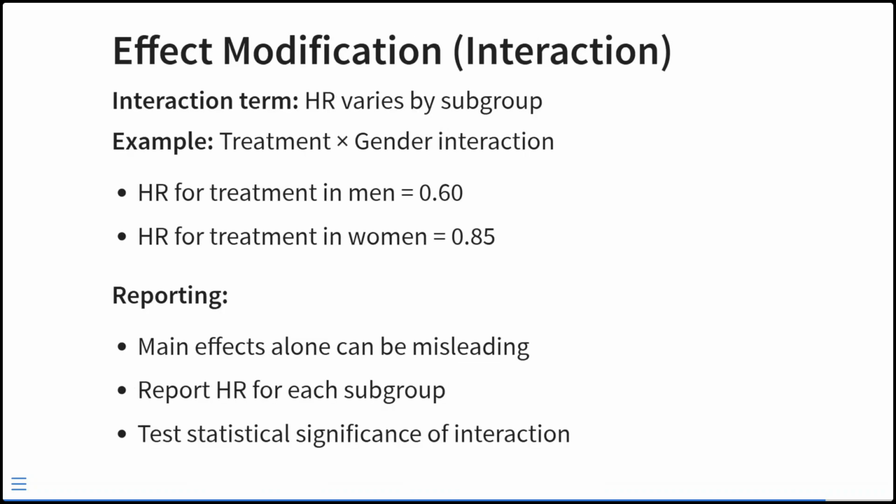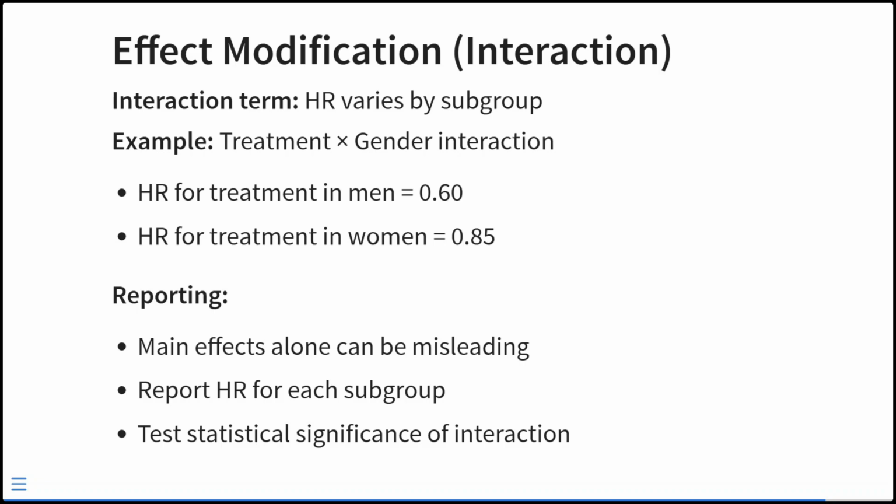So we have effect modification also in terms of hazard ratio, just like we did in the regression, which is the treatment. You can say, for example, treatment interacting with gender. So the hazard ratio can be 0.6 in women, and you can see for women it's likely for the hazard ratio to increase, which means that considering the treatment with gender, gender is now the interaction term because the hazard ratio increases by each level of the gender.